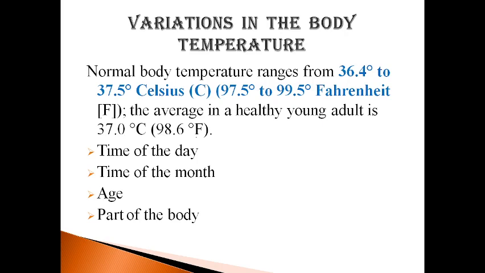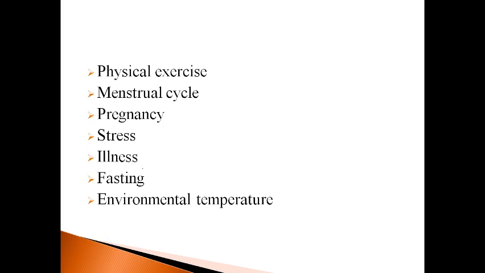In some conditions, the body temperature will vary based on the time of the day and time of the month, age, part of the body, physical exercise, menstrual cycle, pregnancy, stress, illness, fasting, and environmental temperature. These are all the conditions in which the body temperature will vary.